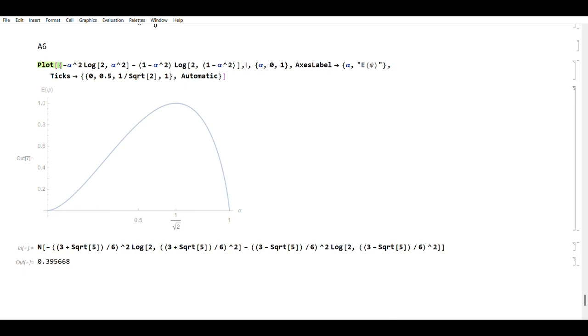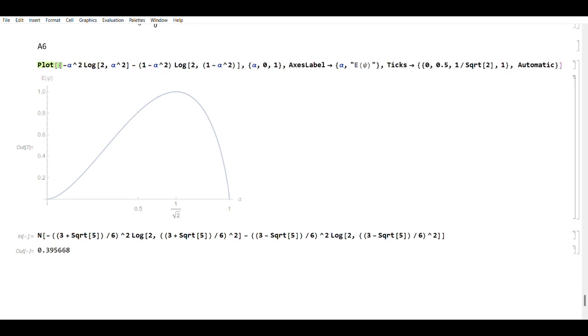Yeah, so this is where 1 over root 2 is, and you see the value at this point is 1. Let me also plot maybe a vertical line.